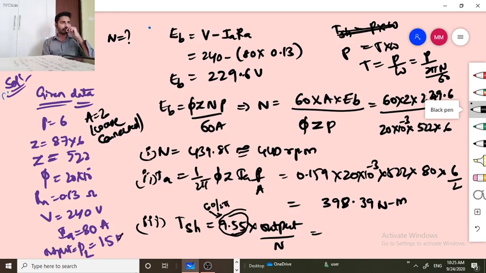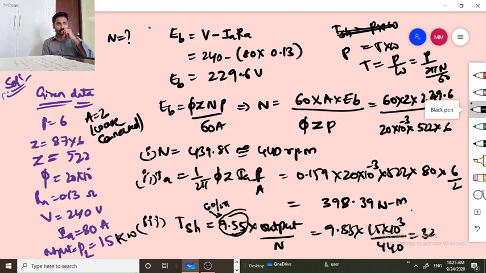Output power is given as 15 kilowatt. So substitute 9.55 into 15 into 10 to the power 3 divided by N, which we got as 440. So the value is 325.57 newton meters. So this is the shaft torque. In this way you can do the problem. Okay, this is the base problem. Understood?